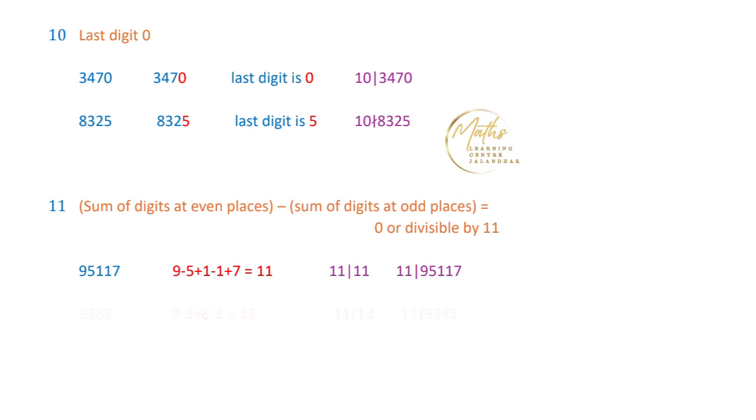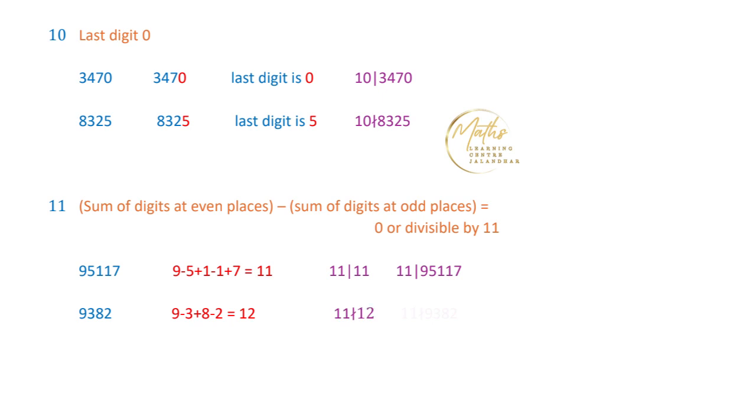Suppose I am considering another number, 9382. Again, the first digit is 9. Then we subtract the second digit, then add the third digit, and then subtract the last digit. On calculating this value, we obtain the answer 12. Now 11 does not divide 12.